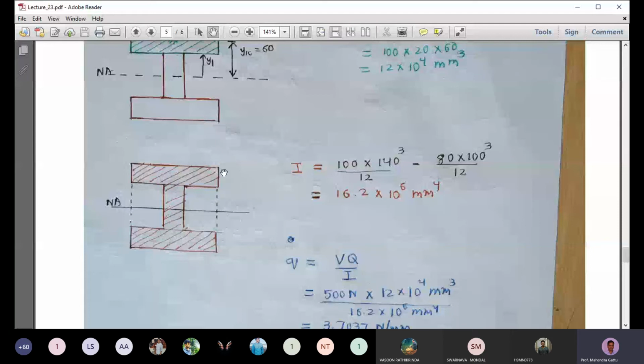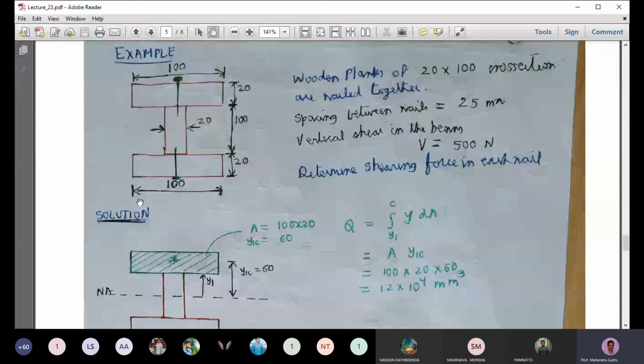Then we will subtract the moment of inertia of the two small rectangular areas. The width of this rectangular area is 100 minus the thickness of 20, so the remaining portion will be 80. And the height of the remaining portion is 100.